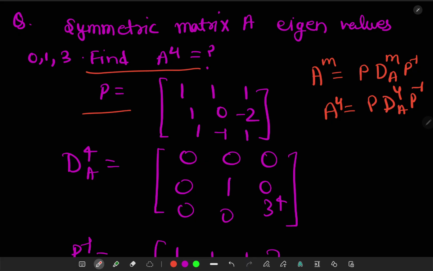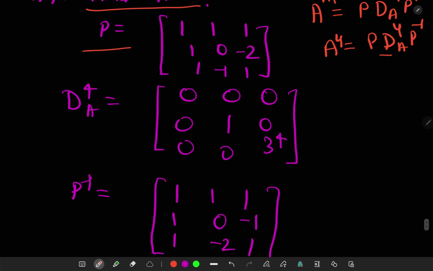D is a diagonalized matrix. As we know, a diagonalized matrix has the property that it has only diagonal elements, and in the question the eigenvalues are given, so we can write the diagonal matrix D raised to power 4 is equal to this.